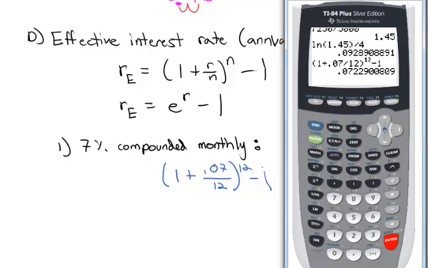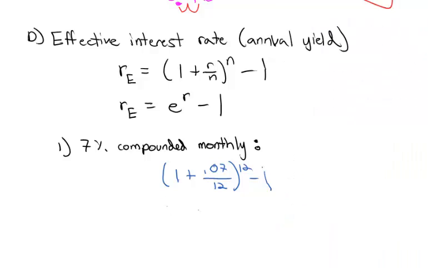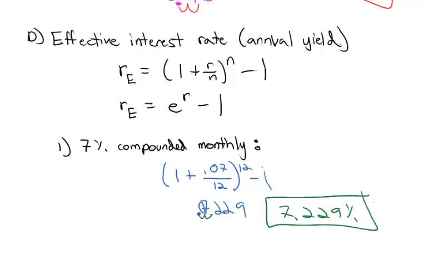And we find that's 0.07229, I should say. So now if you move that decimal point twice, you get 7.229% is the annual yield, the effective interest rate.